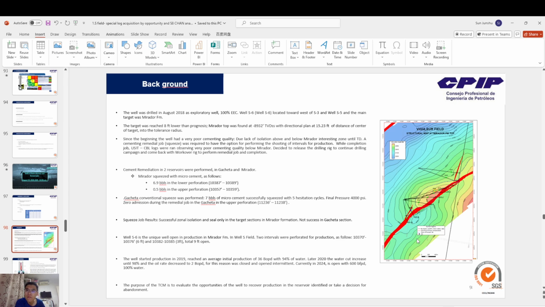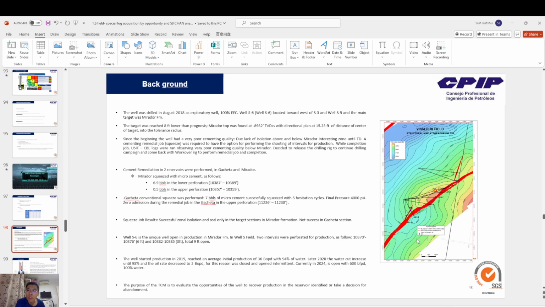Since the beginning, the well had very poor cement quality due to lack of isolation above and below Mirador, in the twisting zone until TD. A remedial cementing squeeze job was required to perforate the interval for production.